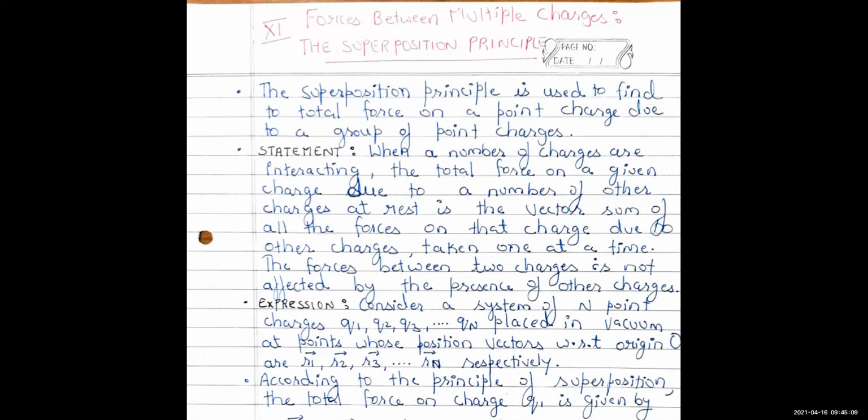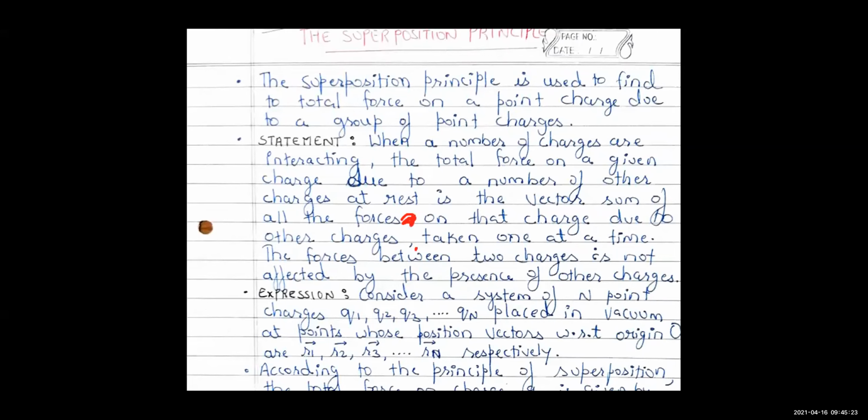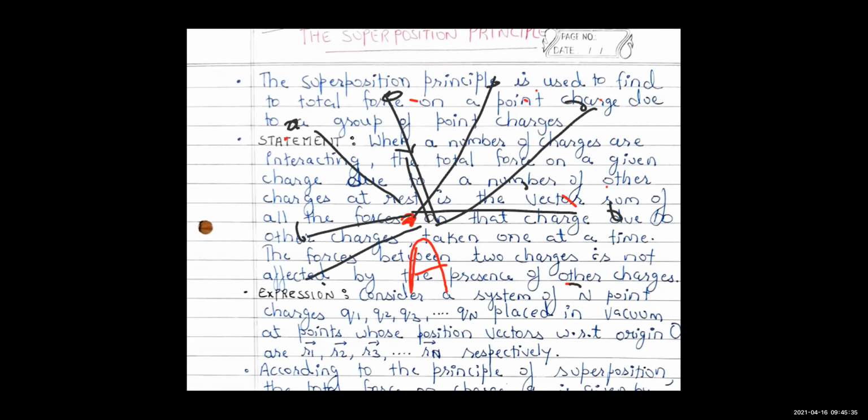Superposition principle is nothing but finding the total force on one charge due to a number of other charges. For example, this is one charge, let it be called A, and here there are a number of charges. So all these black charges will exert a force on this charge A. So what is the total force on this point charge due to all other charges?